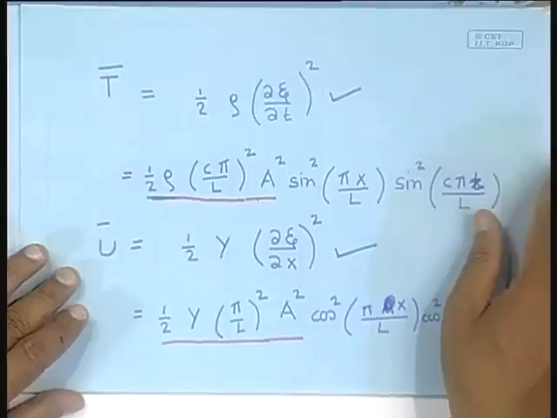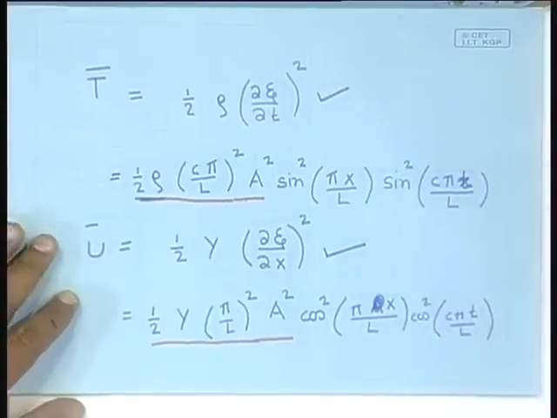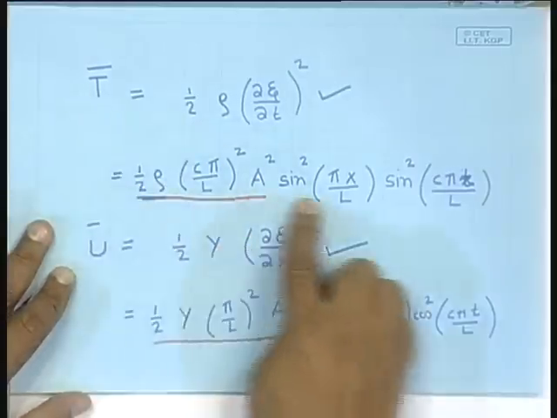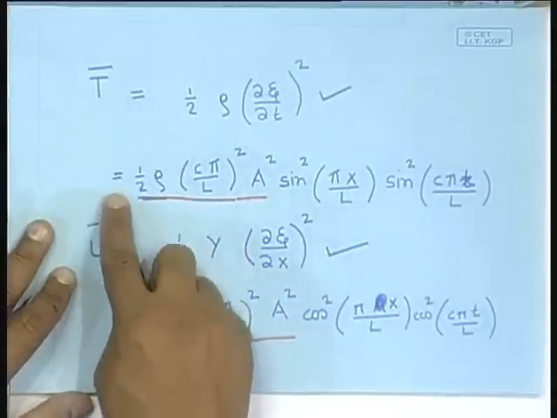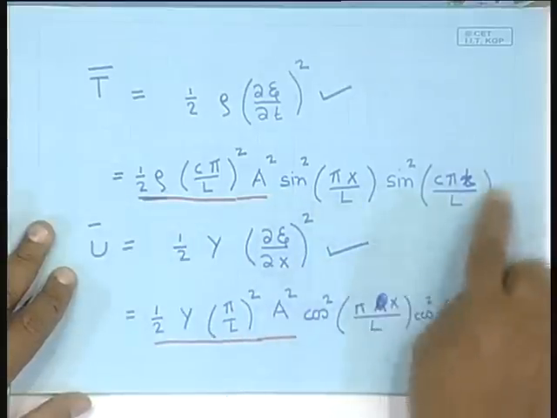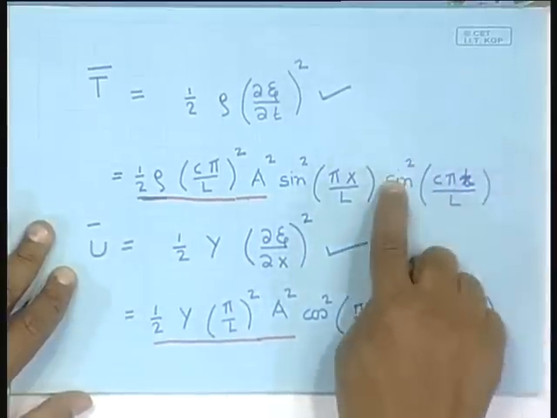Okay. You could also calculate the time average kinetic and potential energy. They are very easy to calculate. The time average of the kinetic energy per unit volume, just average over time. So, you will get a factor of half over here.